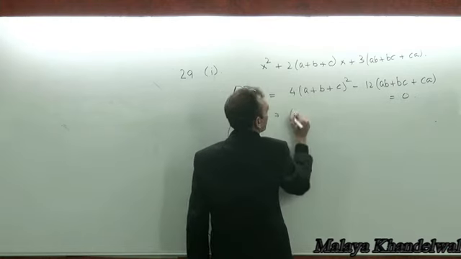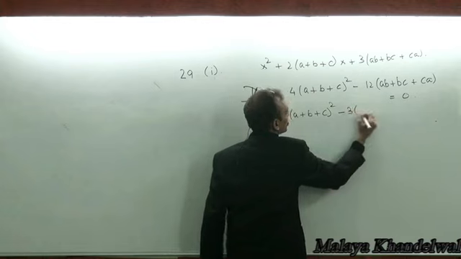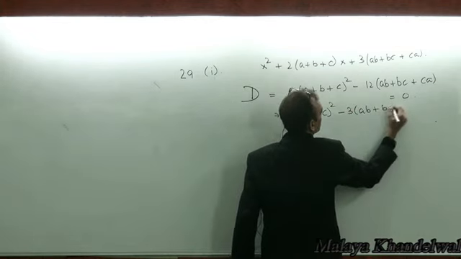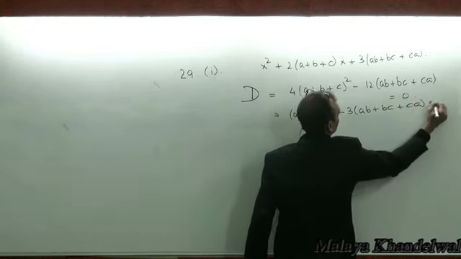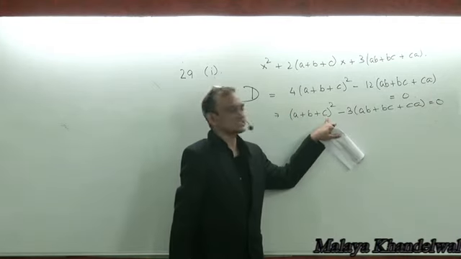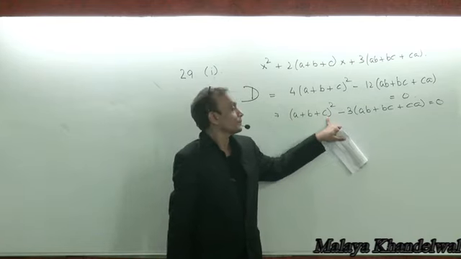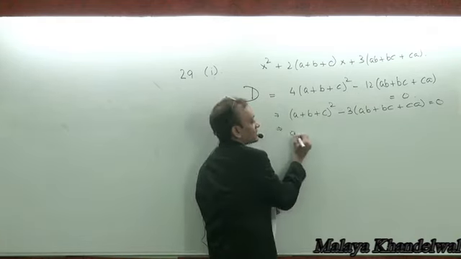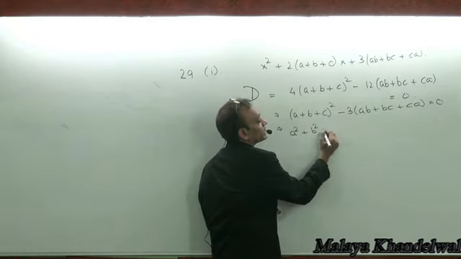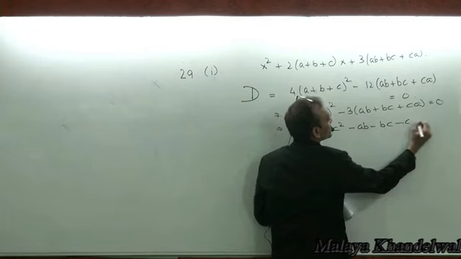Or (a + b + c) whole square minus 3 into (ab + bc + ca) is 0, right? This is a squared plus b squared plus c squared plus twice (ab + bc + ca). So this expression then becomes a squared plus b squared plus c squared minus ab minus bc minus ca is 0.